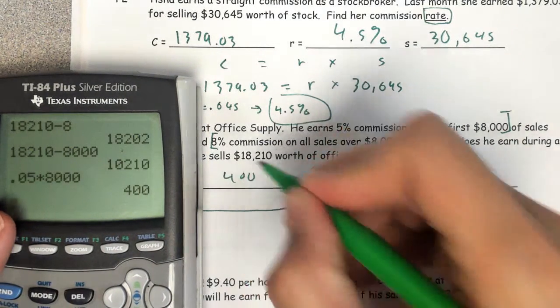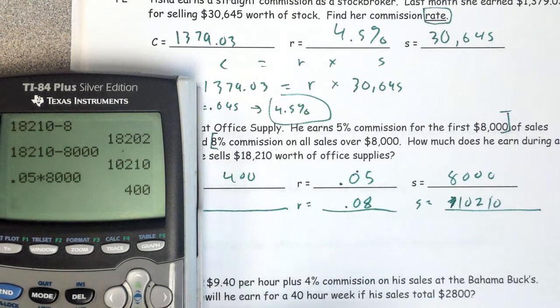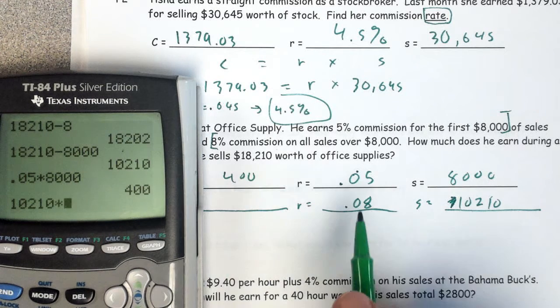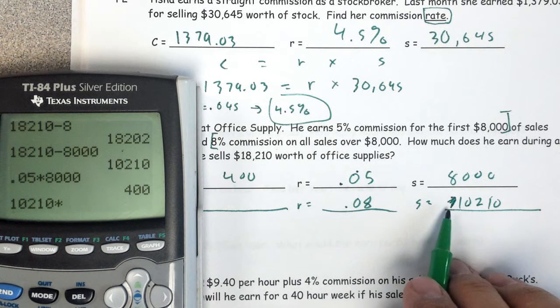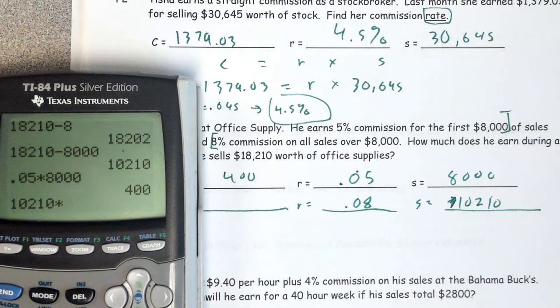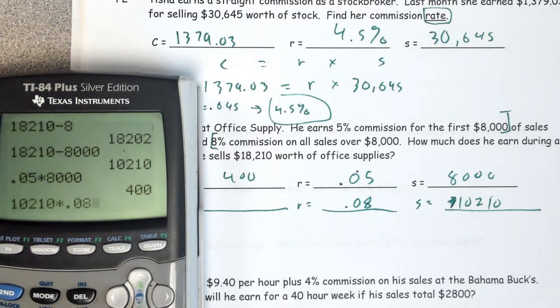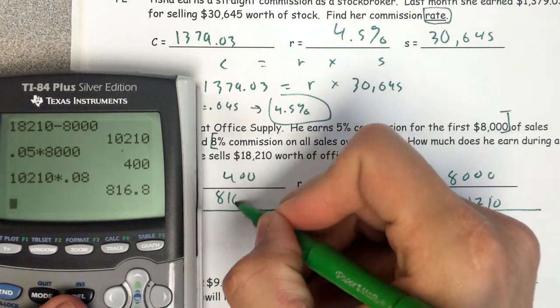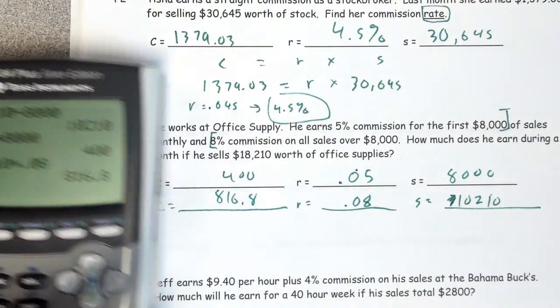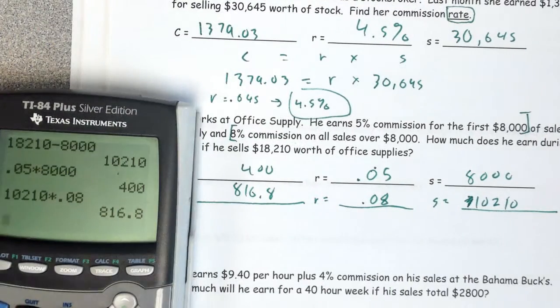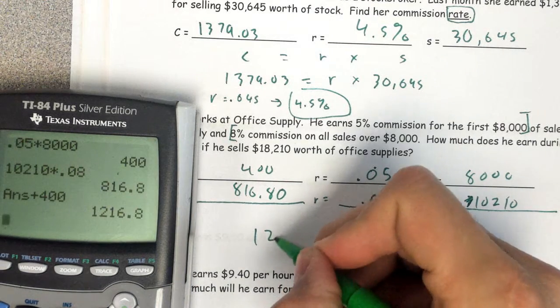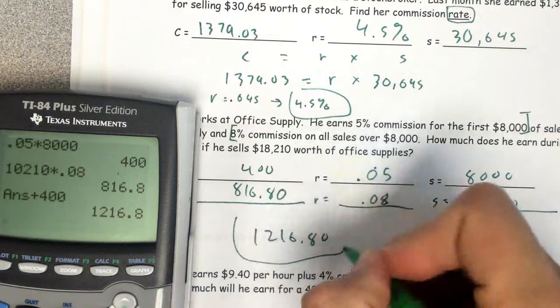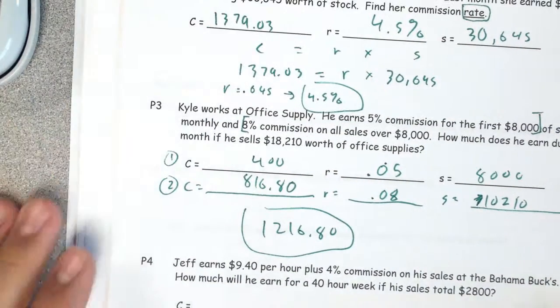We make $400 on this part. And then we have 10,210 times my larger commission, because that's what's over 8,000, 0.08, and that is 816.80. And the last thing we have to do is add those up. By the way, that's 80 cents plus 400. That is how much they make.